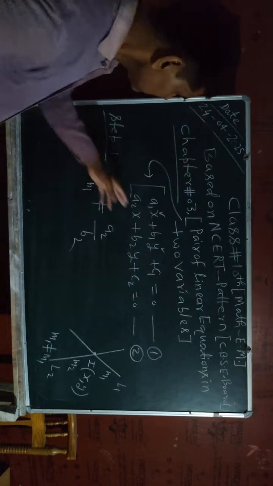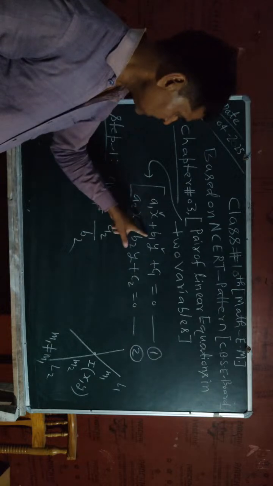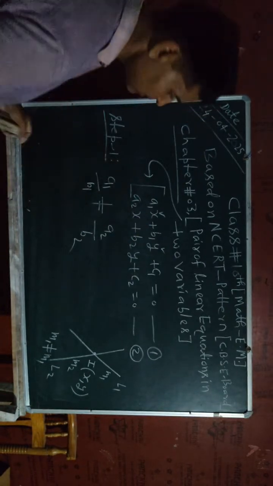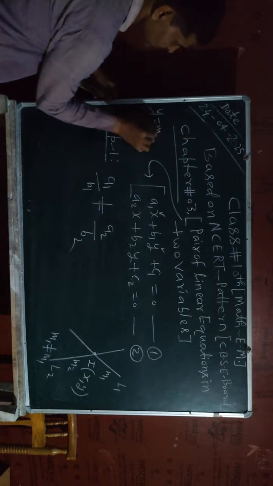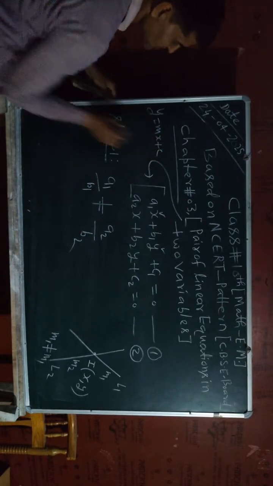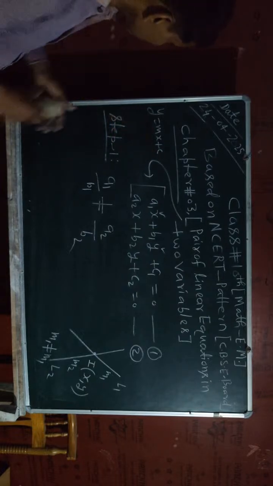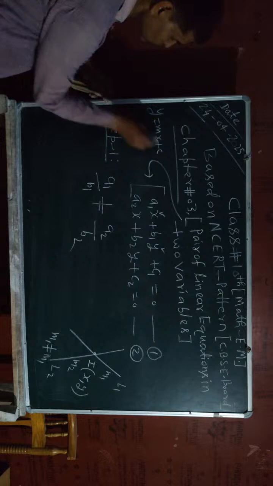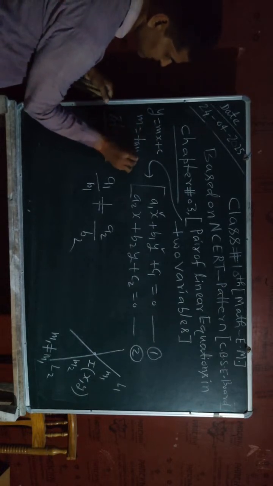I will take its slope, which will be minus A1 divided by B1. The slope is in y equals mx plus c. This is the equation of a straight line, and here m is the slope of this line, which is also known as tan theta.